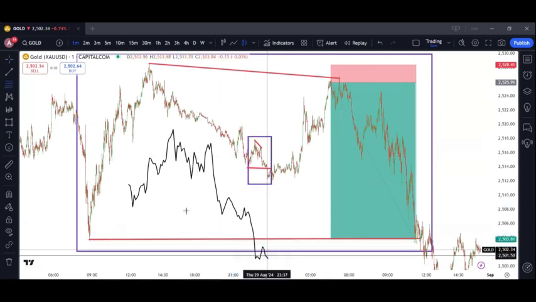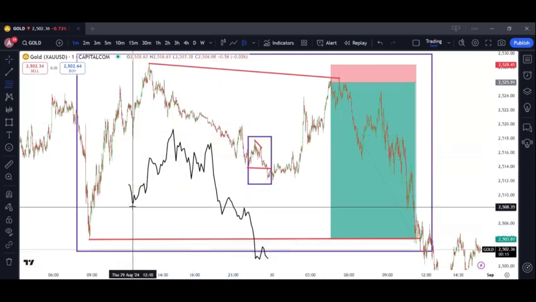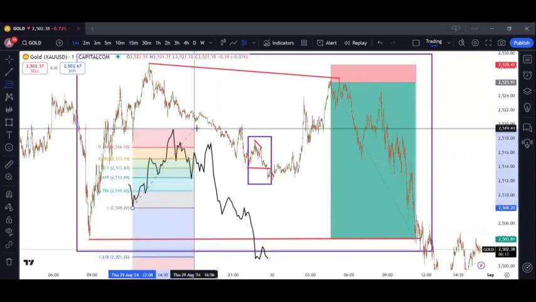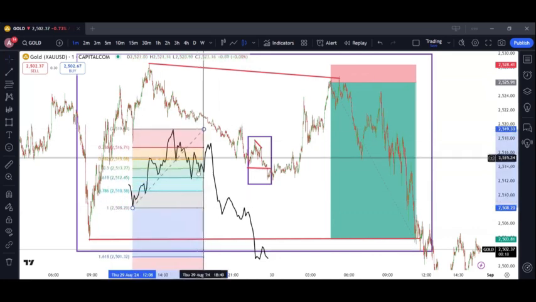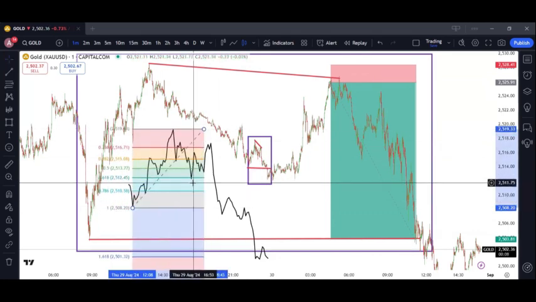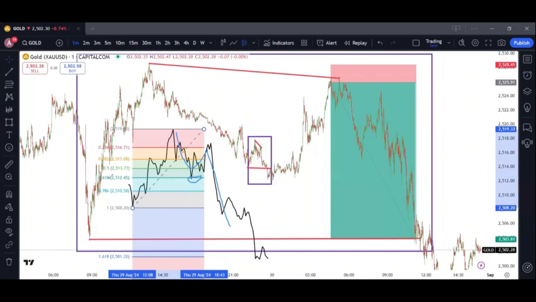If I take my Fibonacci on my fractal and draw it from point A to point B, I can see that the price will go and break 0.618 and then give me the Y model, okay? So the price right here rejects from 0.618, okay?